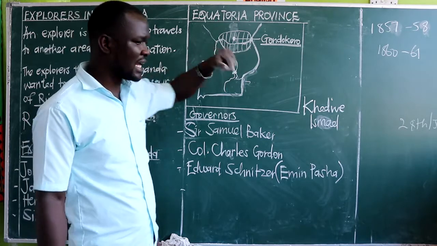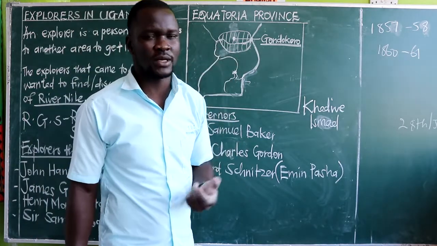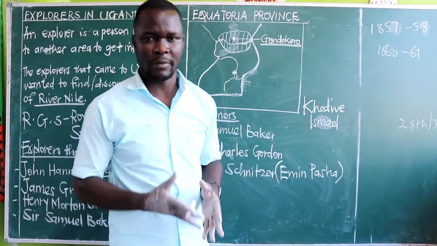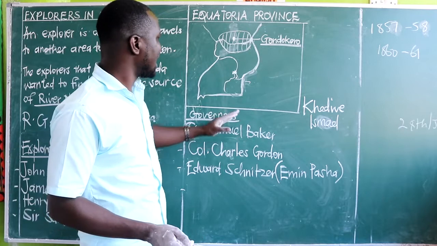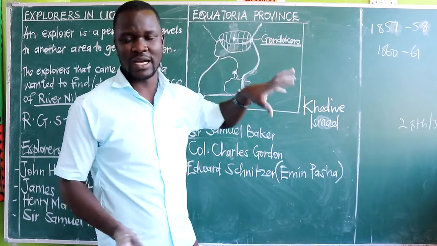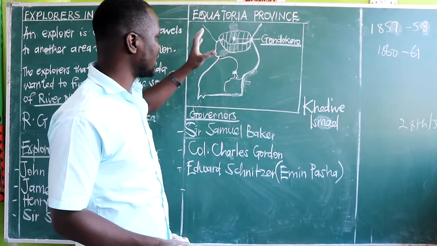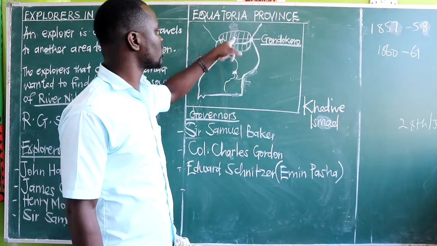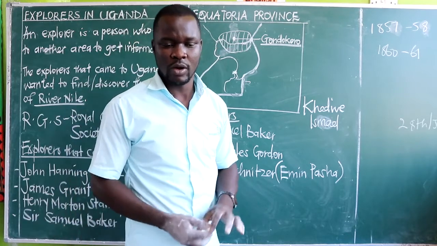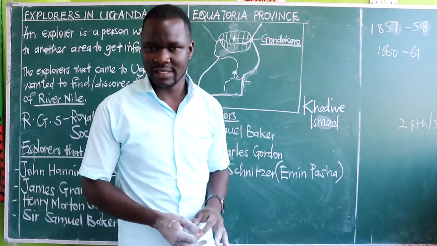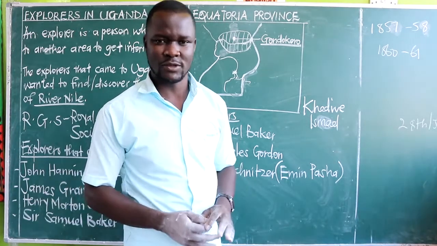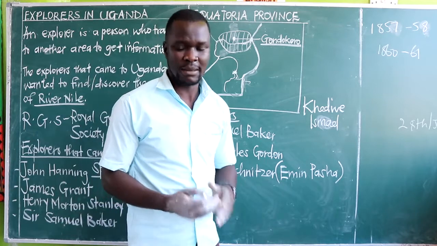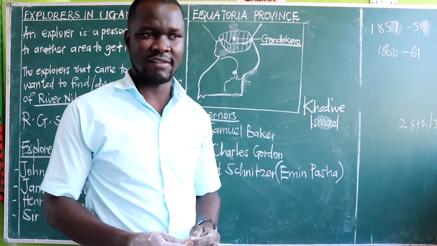So we have a question: why was Sir Samuel Baker loved by the Acholi people, or by the people in northern Uganda during that time when he was a governor in Uganda? He was loved because he could protect these Acholi people from the slave traders, and that's why the Acholi loved him so much.